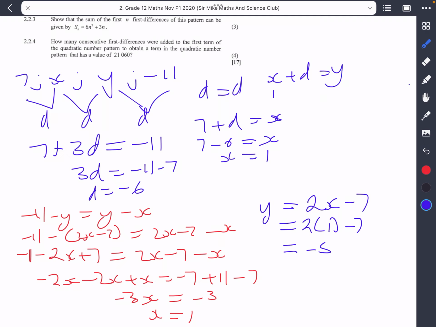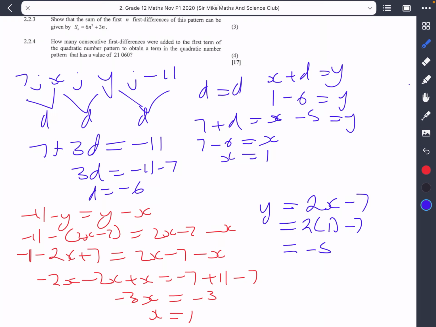Now we know x to be 1, so 1 minus 6 gives you y being negative 5. So that would be your y.